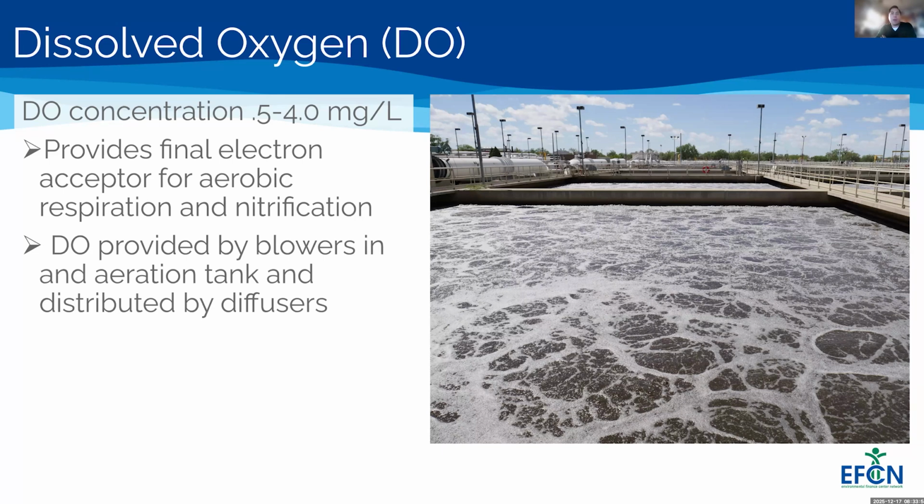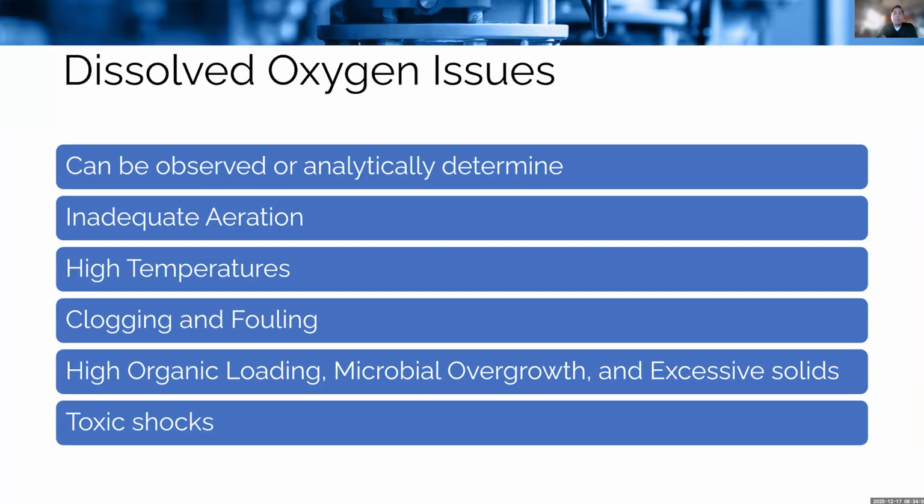Now, when it comes to this specific variable, there are a couple of issues that arise from inadequate oxygen. When you don't have enough dissolved oxygen in your process, you can have inadequate treatment.